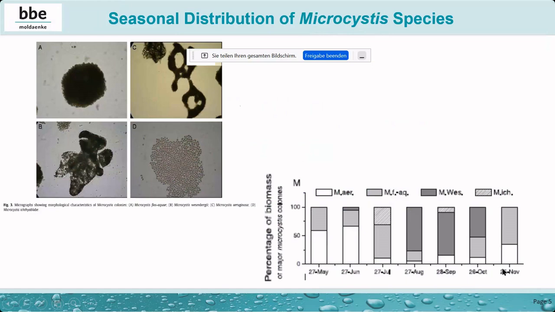And even in wintertime, when the sun is not that bright and the algae will not grow so well, you can see that these cyanobacteria can occur and can contaminate the water. So it's important to monitor all year, even in winter, when the photosynthesis of the cyanobacteria is rather low.